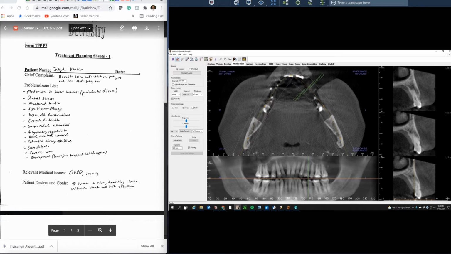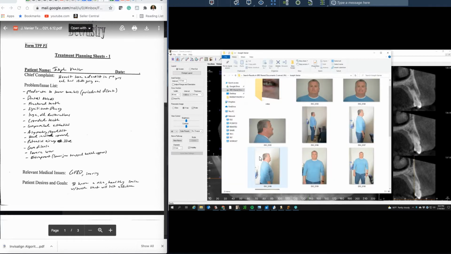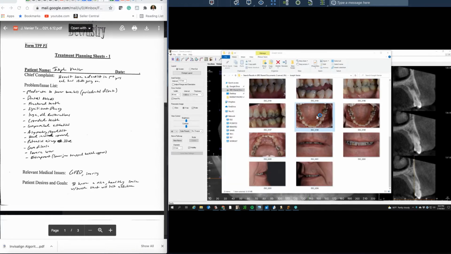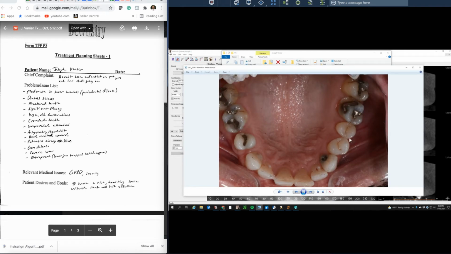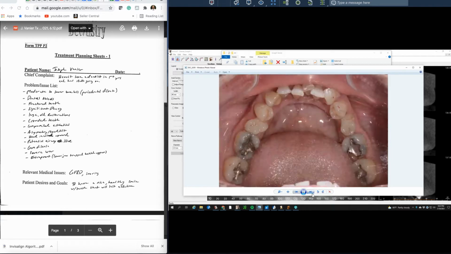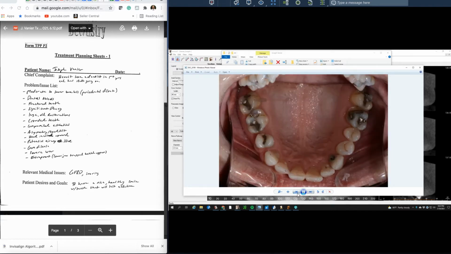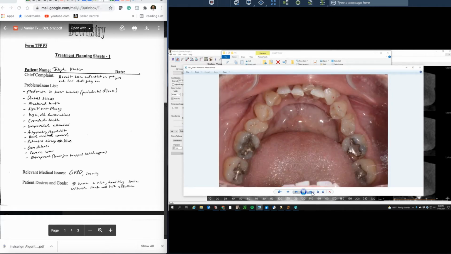Significant decay. Yes, if we look at the photos, we could see some decay pretty much throughout. Looks like he lost a cusp there, on 19.